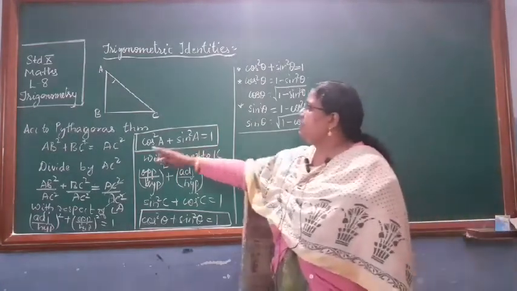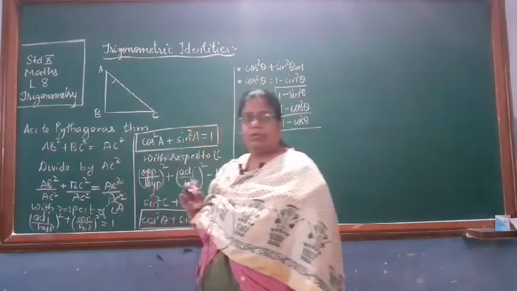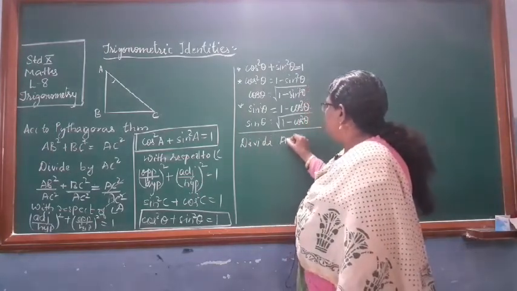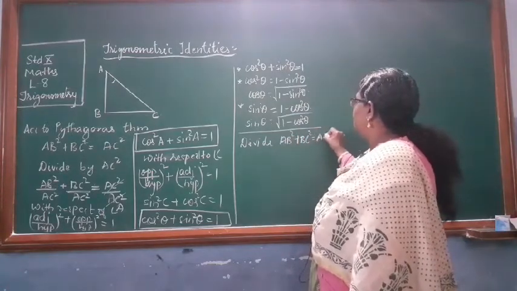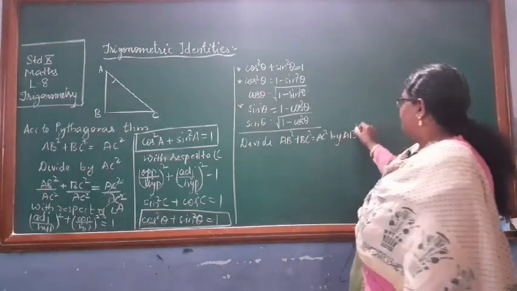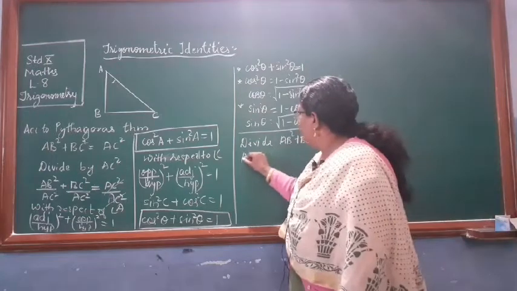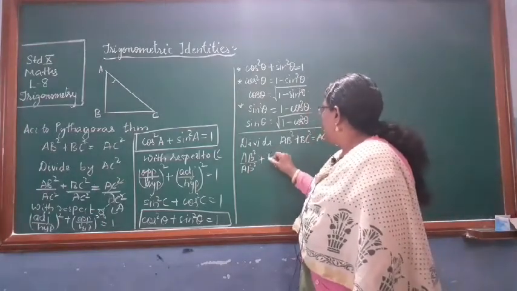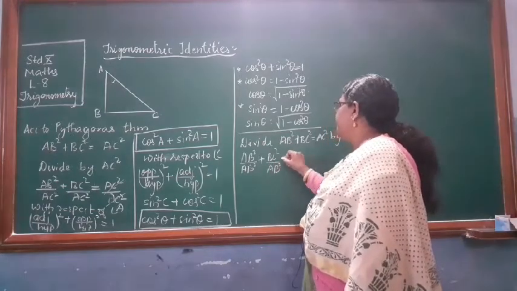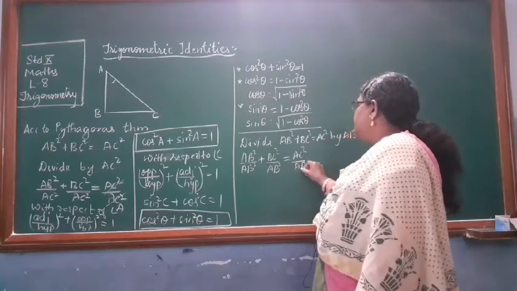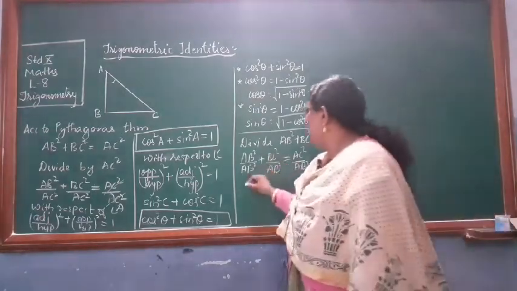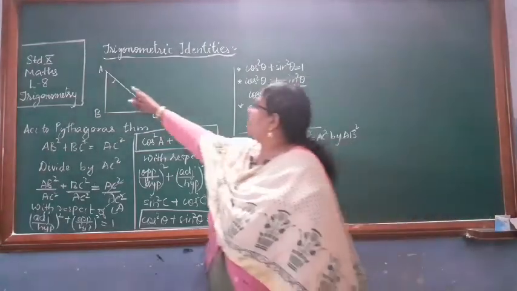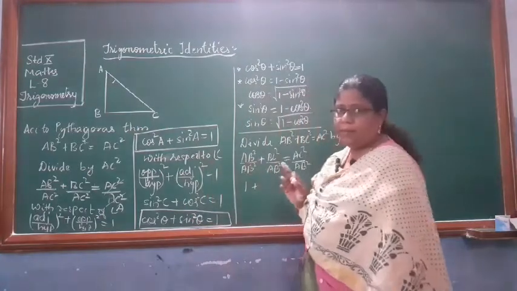Okay, ठीक है, अब ये तो हो गया. Now if I divide this equation AB square plus BC square is equal to AC square by AB square, then what will be the relation? पहले मैं AB square के साथ divide कर देती हूँ. So what observation you will see, AB square by AB square आ जाता है equal to 1, plus BC square by AB square is equal to AC square by AB square. मैंने तीनों को divide कर दिया AB square से. So AB square by AB square 1 हो जाएगा plus BC square by AB square.